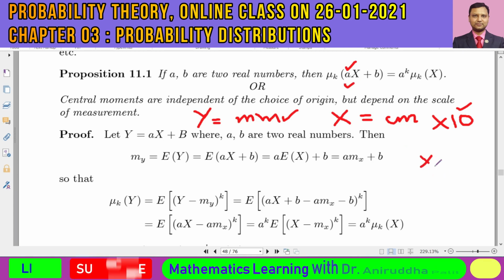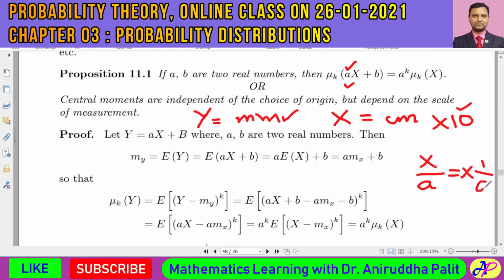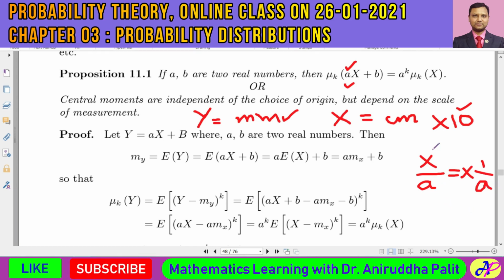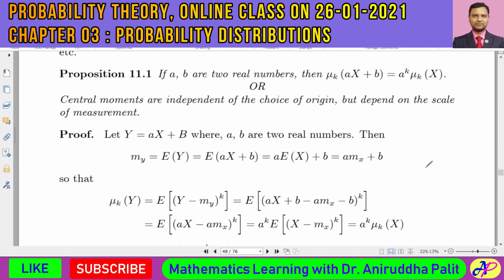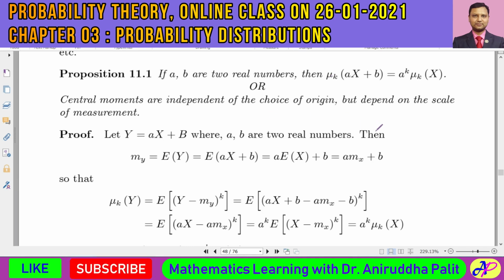In that case, X by a can be considered as X multiplied by 1 by a. So whether it is multiplication of X by a constant a or division of X by a constant a, we are just changing the scale. Therefore, multiplication of a random variable by a constant means we are changing the scale.